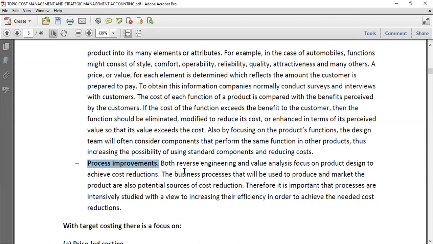So process improvement, from just the word process, as value analysis and engineering focus on the product design, is about the business process, the day-to-day operations. We look at the day-to-day operations and see if we have any processes that can help us reduce our costs.